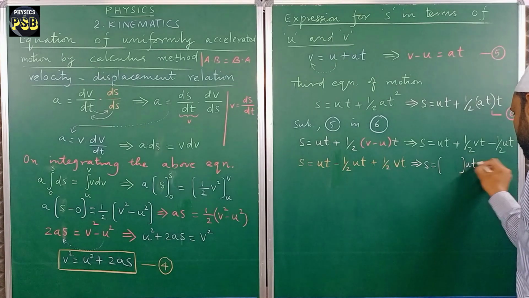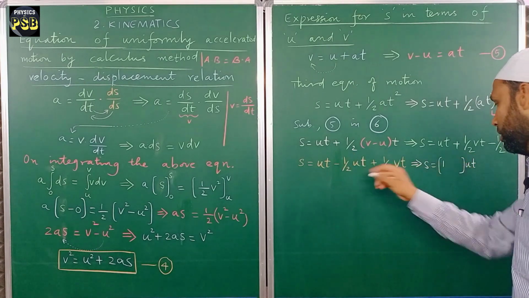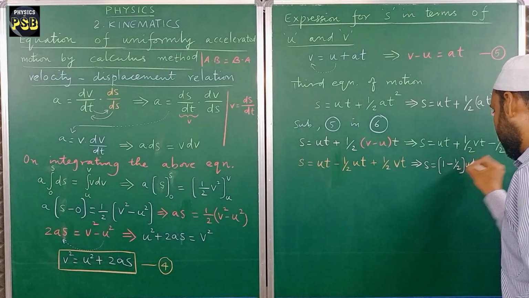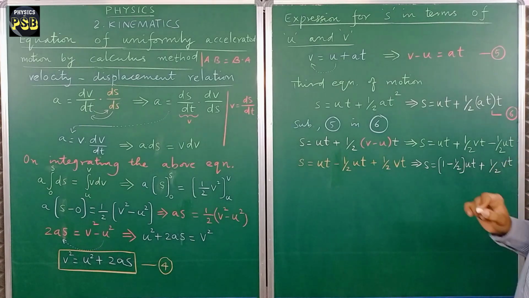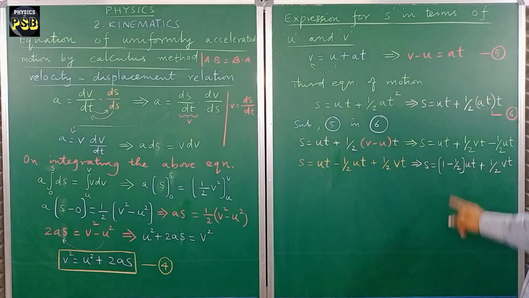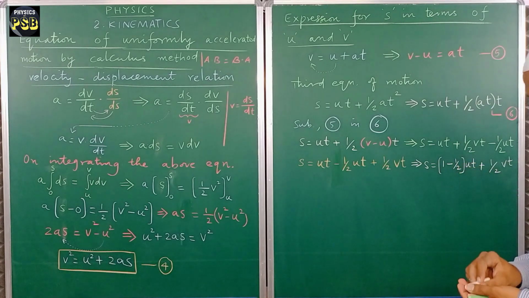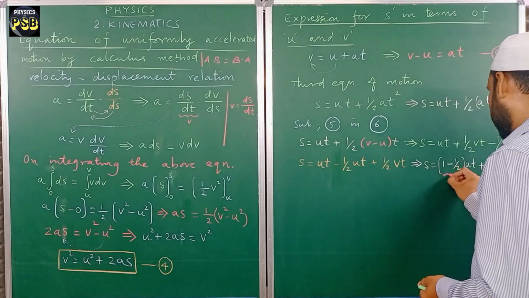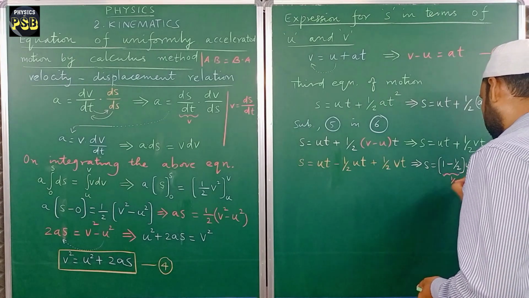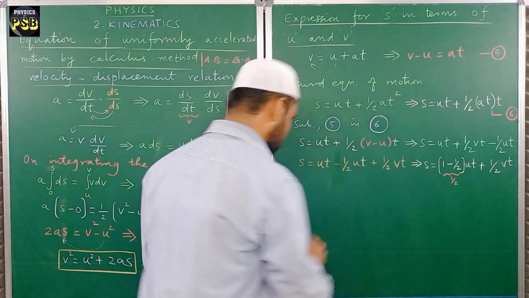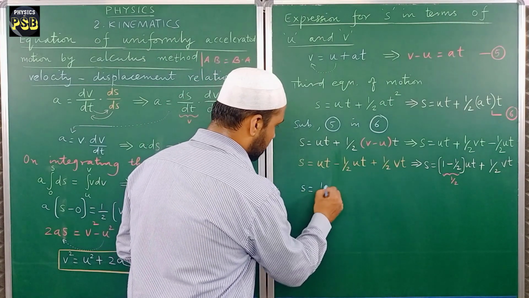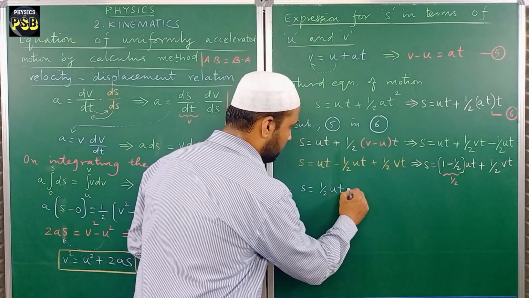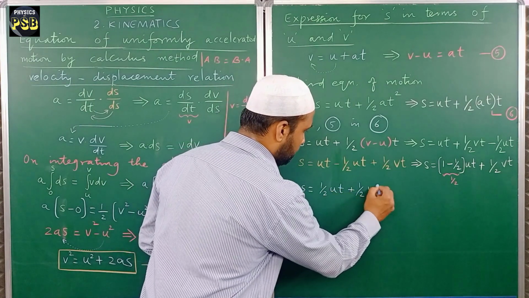Take common term as ut. What remains is 1, and here half, plus half vt. Understand? Now 1 minus half is nothing but plus half. Clear? So this is equal to half ut plus half vt.